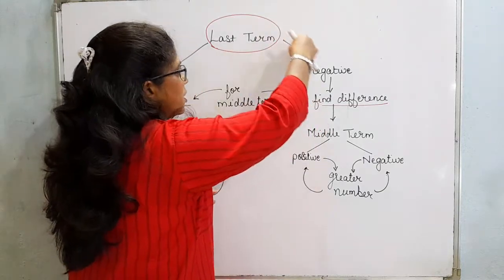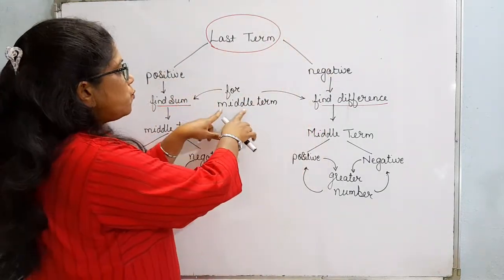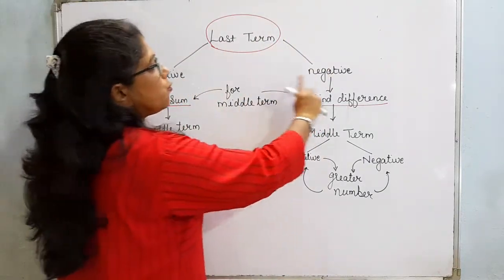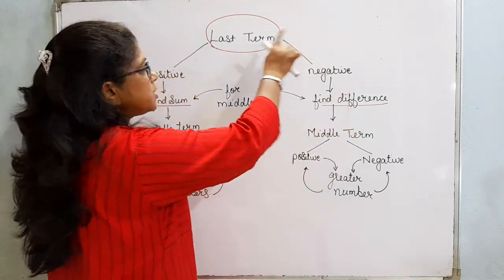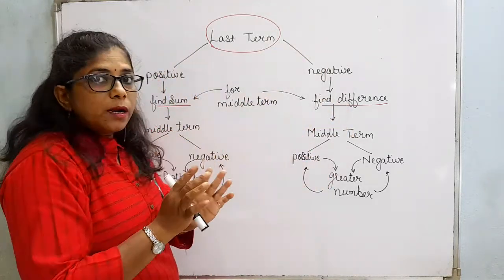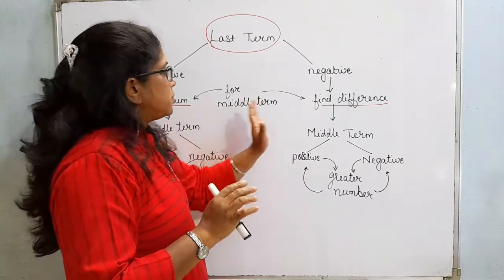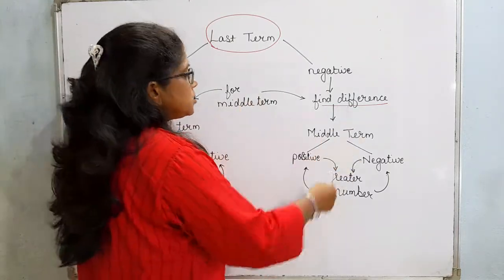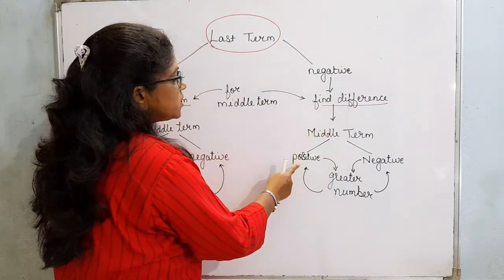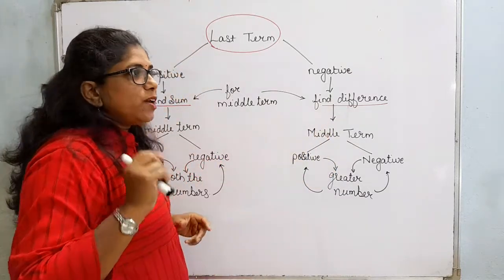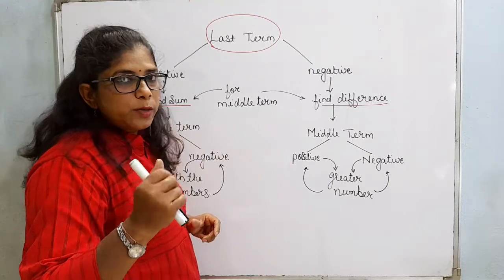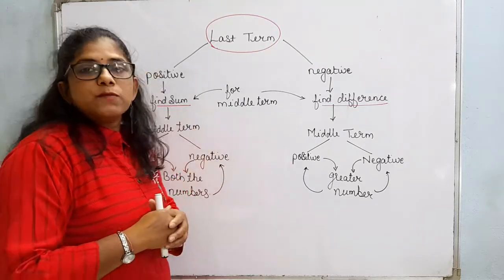Then, if the last term is negative, what we have to do to find the middle term? Find the difference. Yes, product is our last term and for the middle term, we have to check that the difference of those two numbers is our middle term. Later, if this middle term is positive, whenever we get the two numbers, one number is going to be greater and one number is going to be smaller.